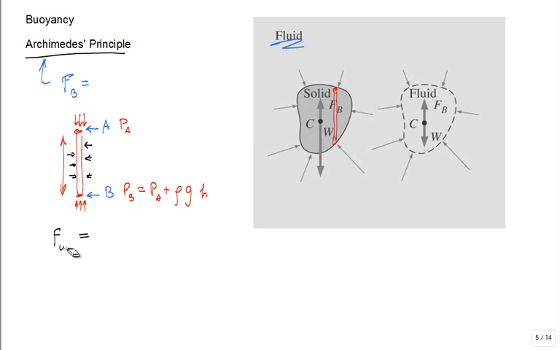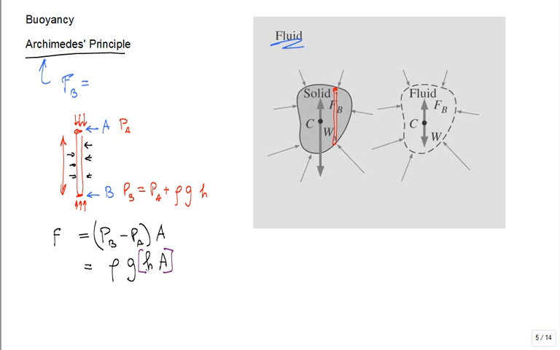Can you tell me the magnitude of it? Would it be the pressure at B minus the pressure at A times the little area of the cylinder, the little area that it operates on? Sure. And so this pressure difference is just going to be rho G H, times A. What again is A? What again is H? And how could I interpret the product of H times A?